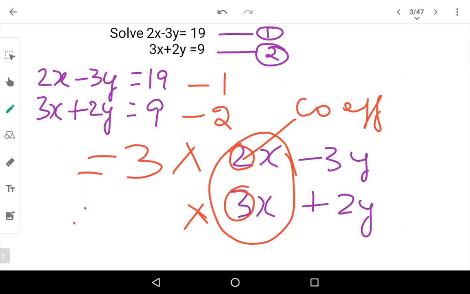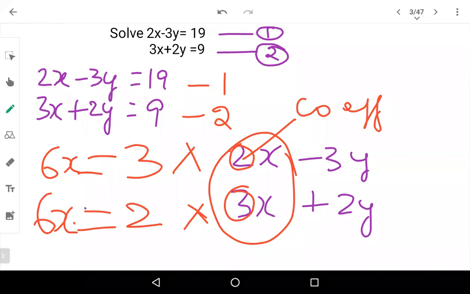The resultant is 6 and I'll get 6x here. And for equation 2, Sindhu says equation 2 with 2. Others also can try. Even if it's wrong, there's no problem. So if I multiply equation 2 with 2, 2 3s are, again I get 6x. Good. So you have a gist of how to solve such problems.